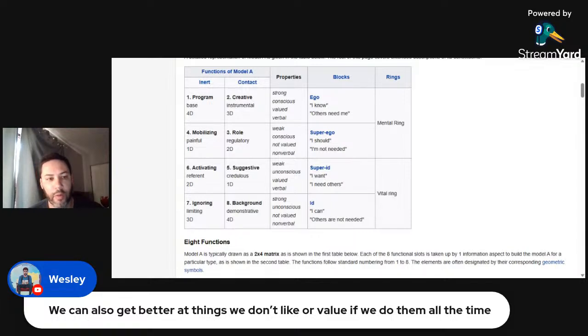Another way to think of development, which I find is more applicable, more useful, is thinking of it in terms of just happiness. How we are happy. This vital ring down here, getting better in this area, performing better, doing things in this particular place, is more likely to make us happy. We feel better.